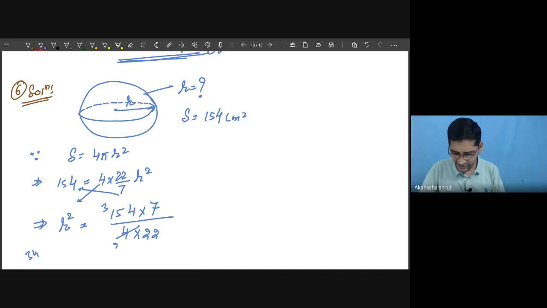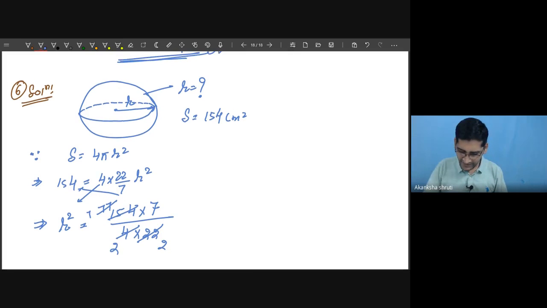So let me take this as the 2, and 154 cancel it by the 2, you can get 7, 14, and 77. Now 11 is common. So 11 2s are 22, and 11 7s are 77.